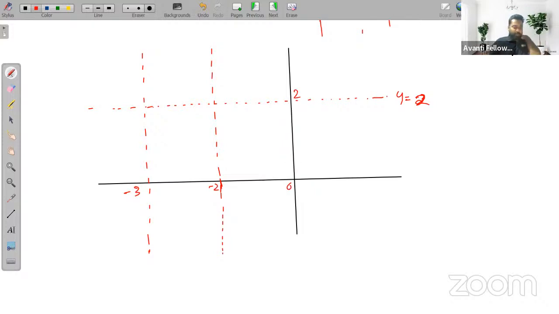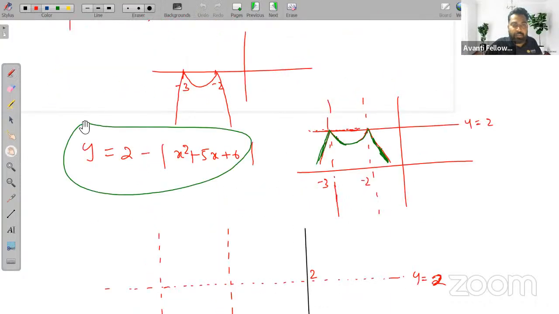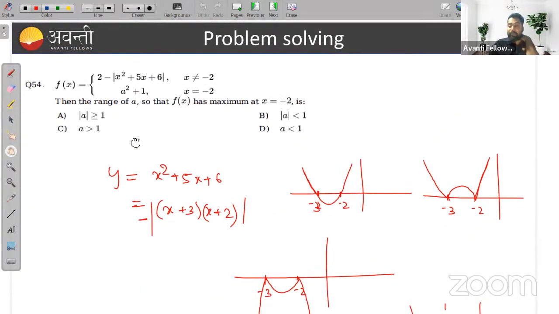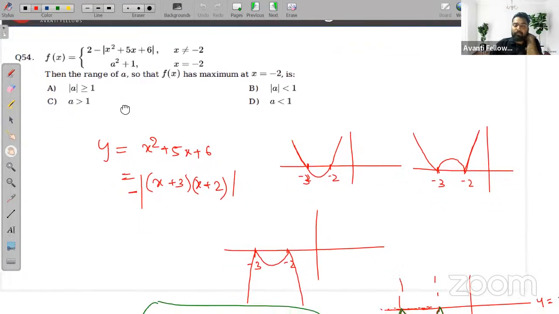So it is given in the question that when x is equal to 2, it gives you a square plus 1, right?